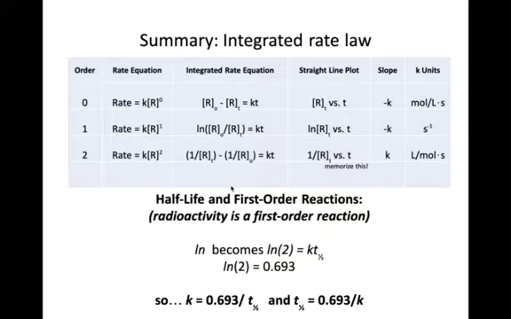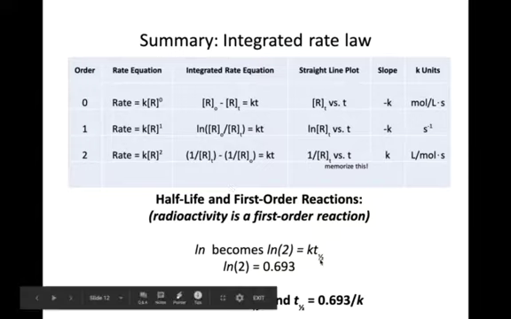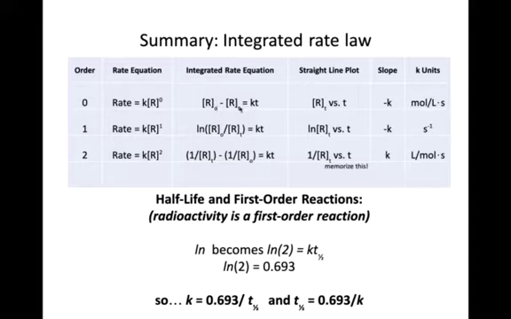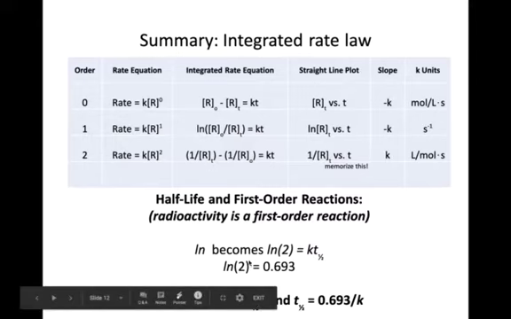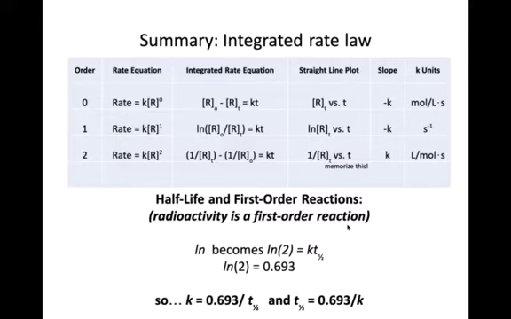And now you can derive all of these because you know that at T1/2, at the half-life time, your R initial is R initial, and your R at time t is 1/2 R initial. So you can solve for the half-life using the integrated rate equation by just plugging in 1/2 R initial for R t anywhere.